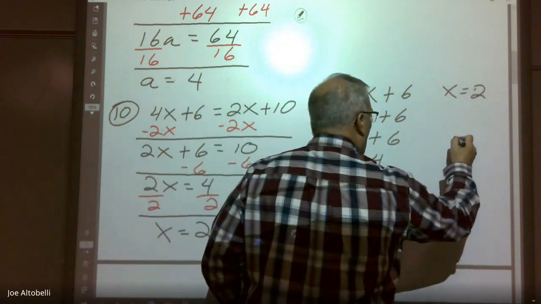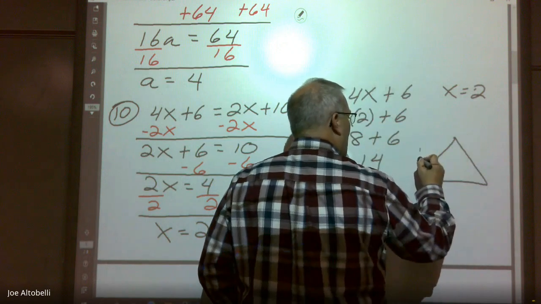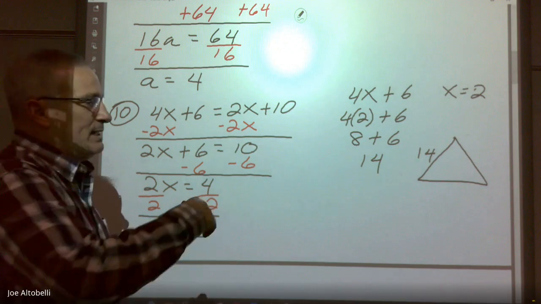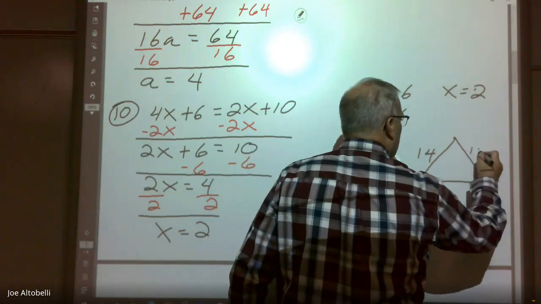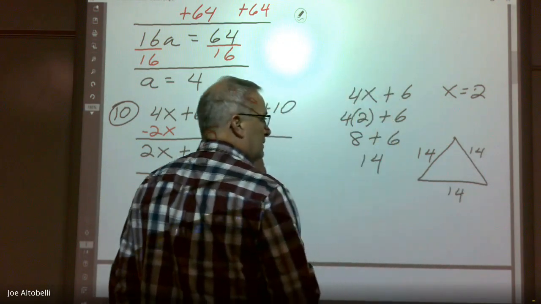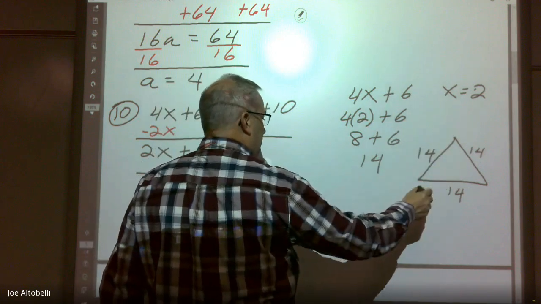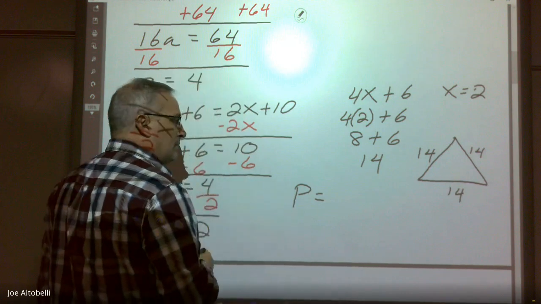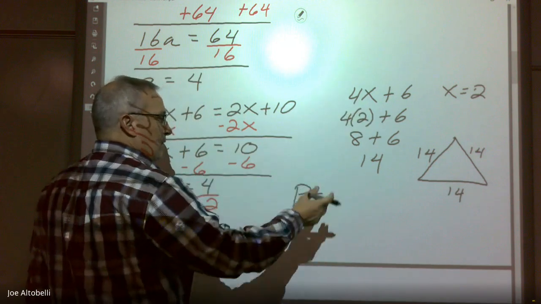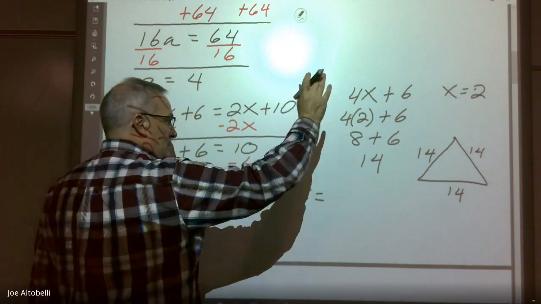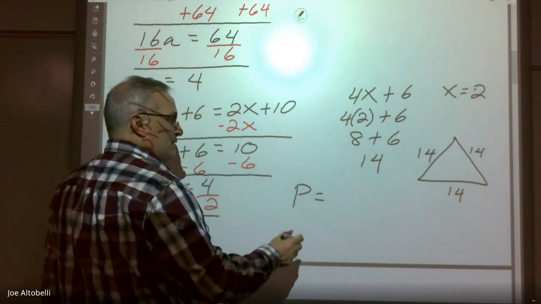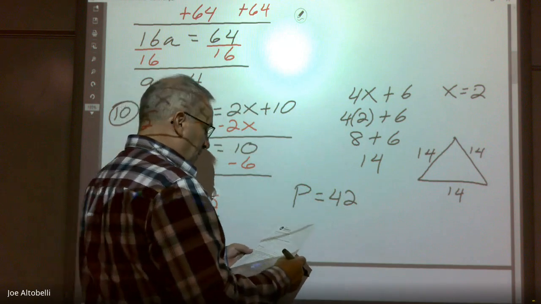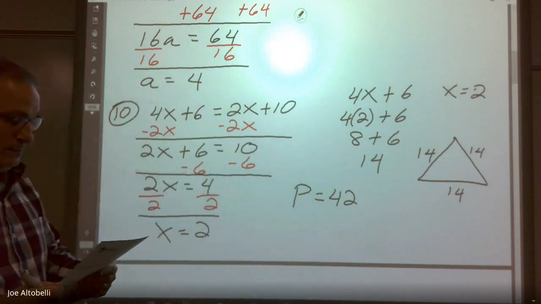So that means one side of our triangle is 14. It also tells us that all three sides are the same. So 14 plus 14 plus 14, the perimeter of the triangle is 3 times 14, which is 42. They don't have a label, so it's just 42.